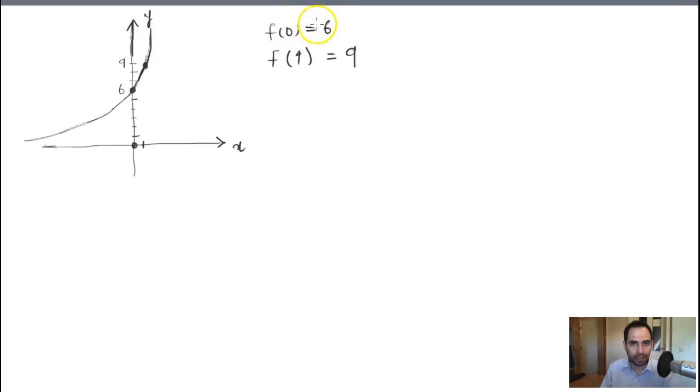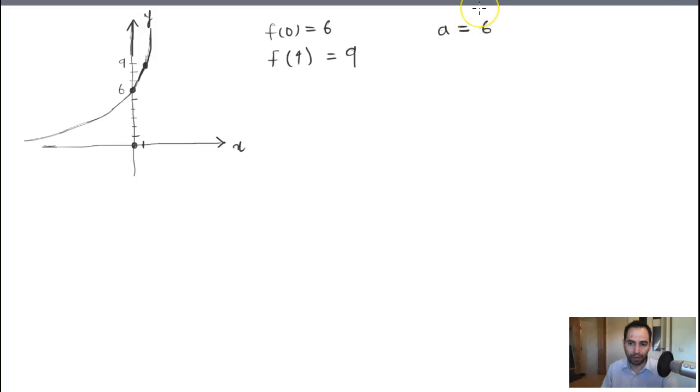Because this output happens at x equal to 0, this output becomes your a, basically the y-intercept of your function, because that's where the function goes through the y-axis.